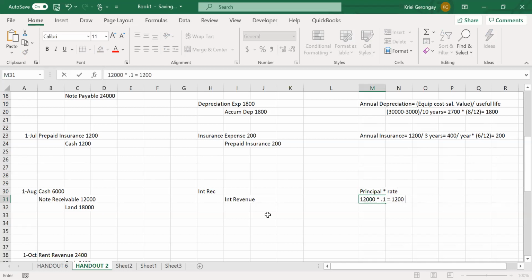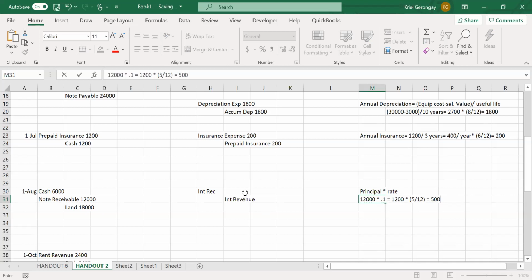And then you're going to multiply that by how many months have elapsed from August 1st. So August, September, October, November, December. So it'll be 5 over 12, which is 500.